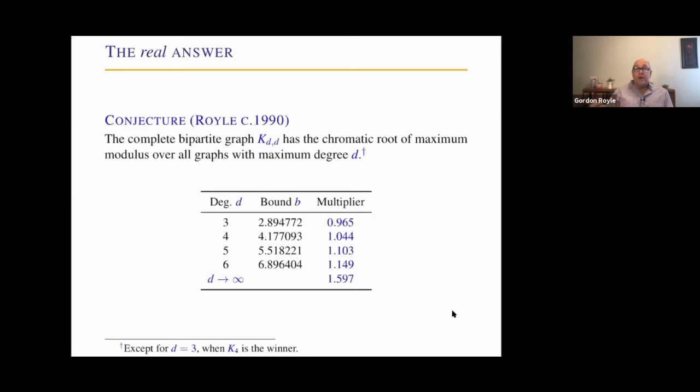So the maximum occurs very early in your search through the lists of graphs.